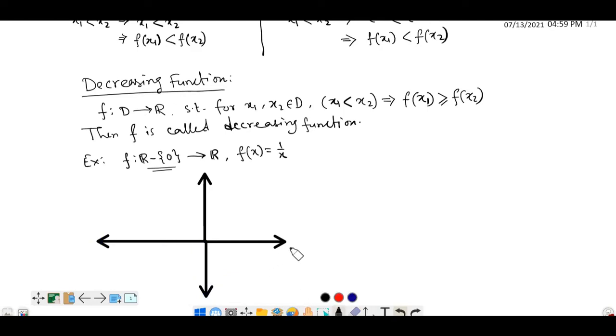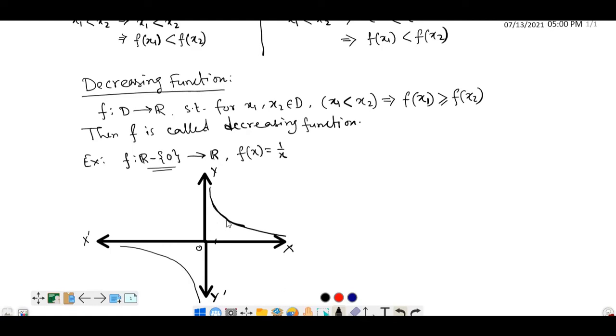So suppose this is the graph. This is the x-axis and y-axis. Here it is x dash, it is y dash. So then the graph of 1 by x looks like this. One branch is here and the other branch is here at the negative part. So this is the graph of 1 by x.